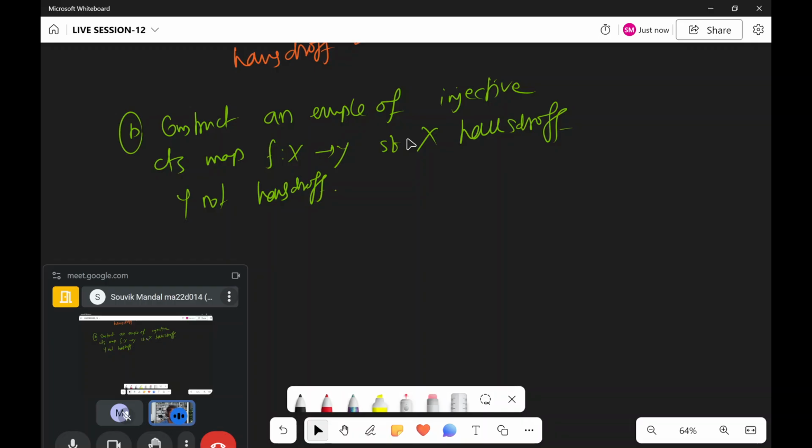In this type of example you need to construct, think about it and let me know. You need to construct an example. There is nothing to prove. You need to construct some examples or some functions which are continuous as well. I have mentioned, continuous injective functions so that the domain is Hausdorff but the codomain is not Hausdorff. Such an example you need to construct. Take your time. Think about it.